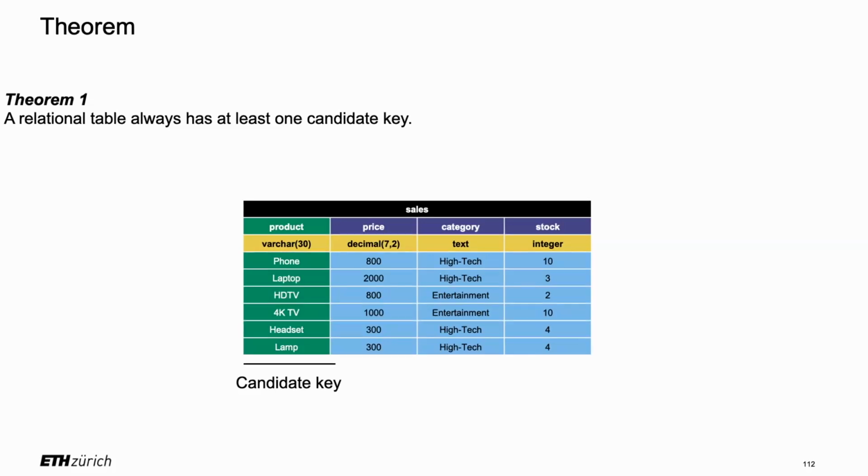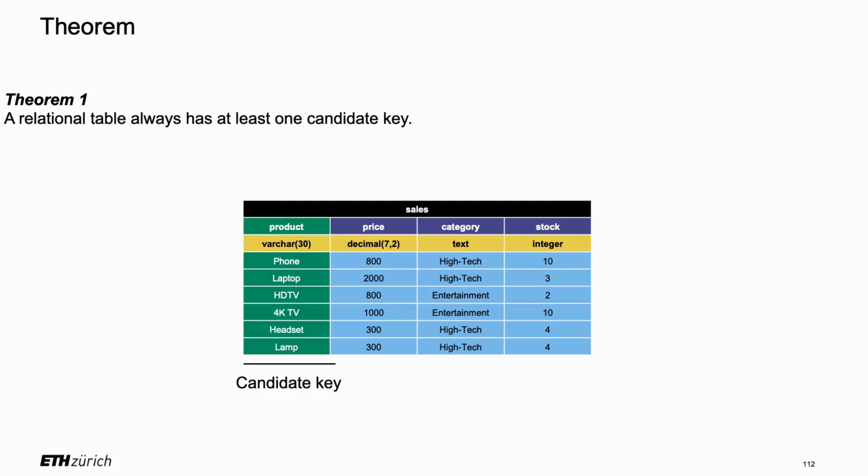So you always have a super key. Now, what you can do is take that super key and you remove the attributes one by one. You remove one, it's still a super key. You remove one, it's still a super key. At some point, it has to stop being a super key. At some point, you will break the super key property if you remove enough attributes.